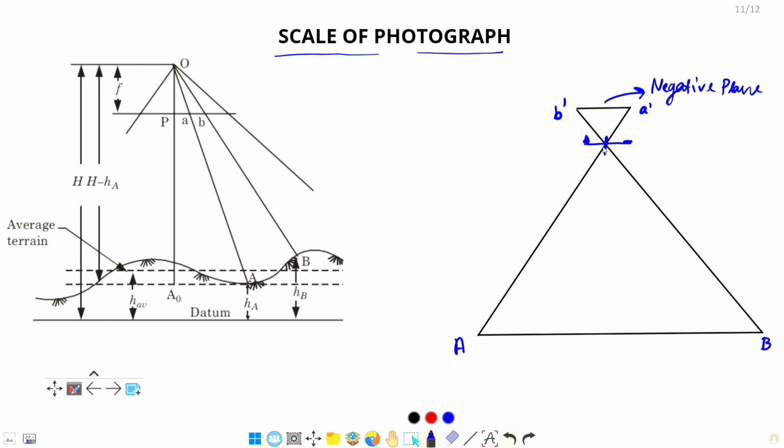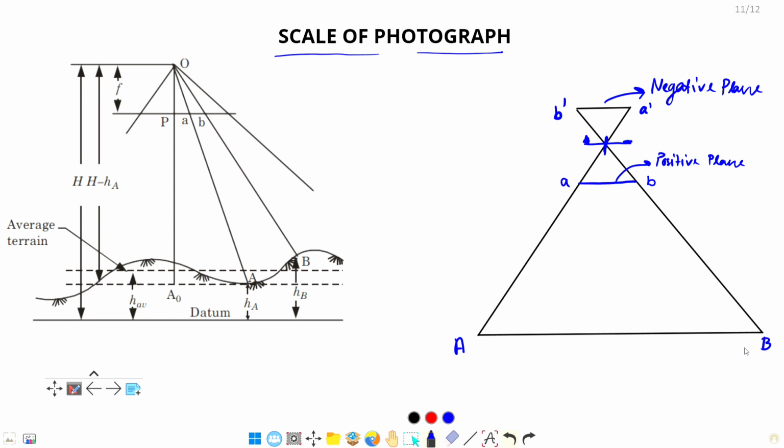So we have processed it and made a positive photo like this on the positive plane, with points B and A.